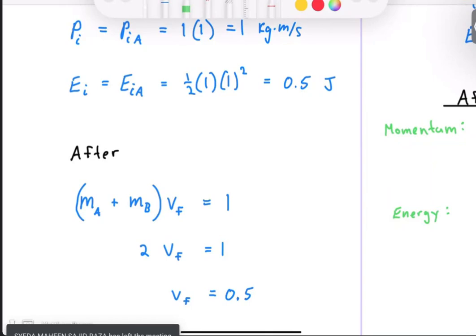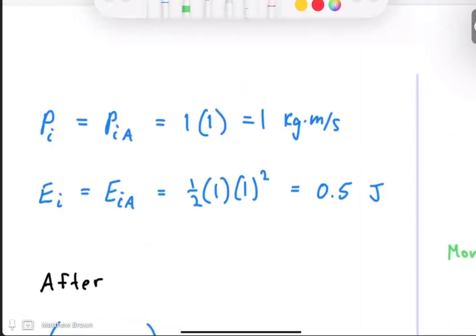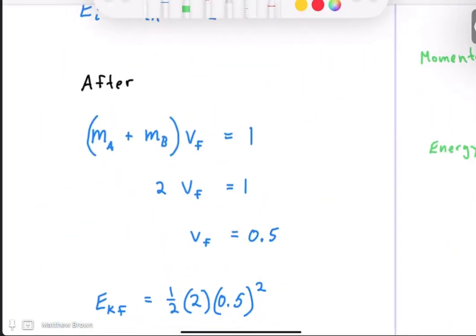And the momentum after is just, you add the two masses together. So we have a 2 kilogram mass traveling at some velocity, and that has to equal the momentum before, which we just figured out up here is 1. M_A plus M_B, they're both 1, so that's 2. And that means the final velocity of the two of them stuck together has to be 0.5.